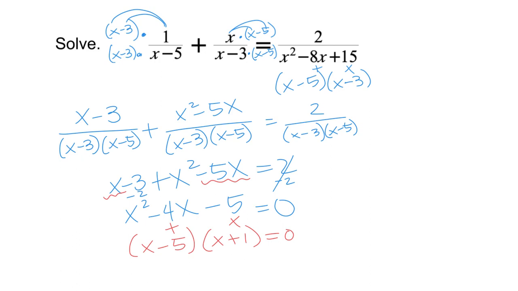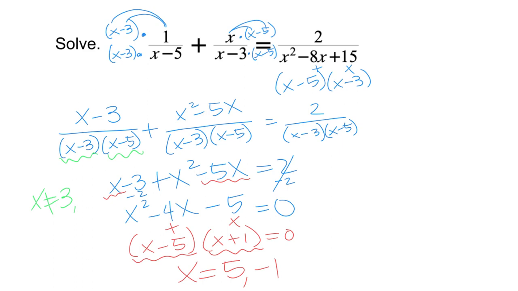So now that I have that, I'm going to take both chunks and set them equal to 0 to find my solution. So x minus 5 is going to give me an answer of positive 5, and x plus 1 is going to give me an answer of negative 1. Now, let's make sure we don't have an answer that's not part of the domain. If we're looking at the bottom of our fractions, x minus 3 would tell me x cannot equal positive 3.